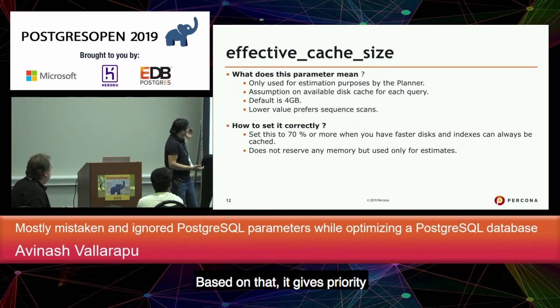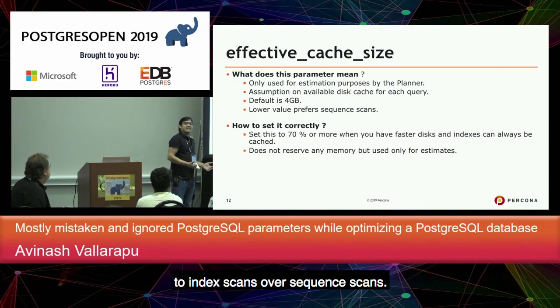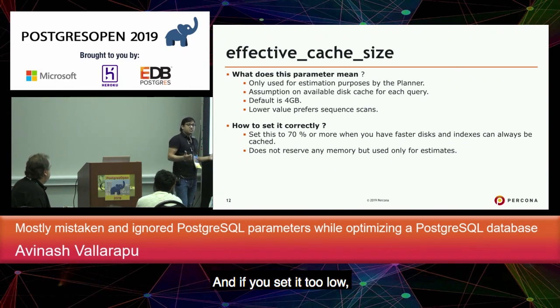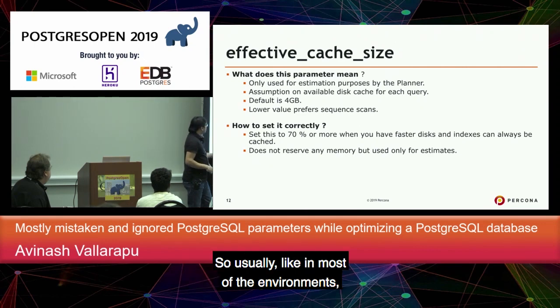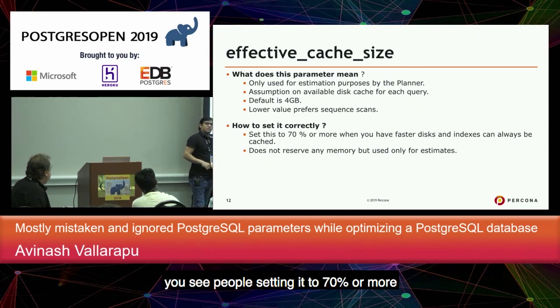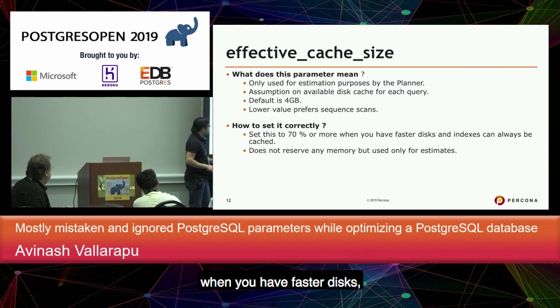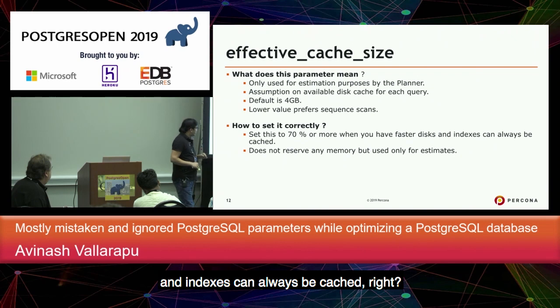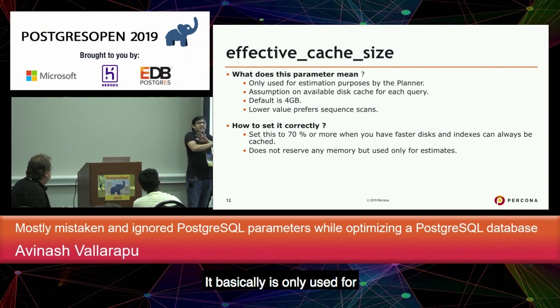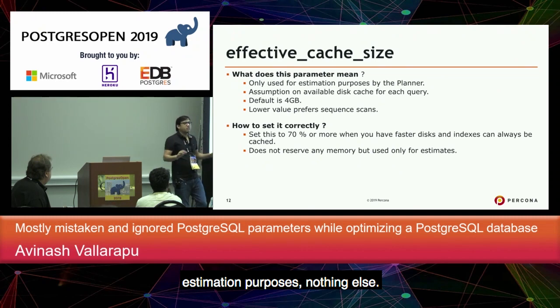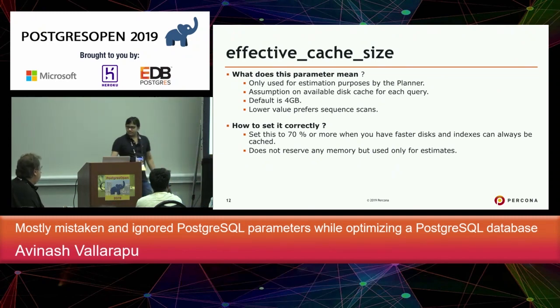Based on that, it gives priority to index scans over sequential scans. And if you set it too low, then it would prefer a sequential scan. So usually in most environments, you see people setting it to 70% or more when you have faster disks, and indexes can always be cached, right? Setting it to 70% or 90% doesn't mean that it reserves any memory. It is only used for estimation purposes, nothing else.